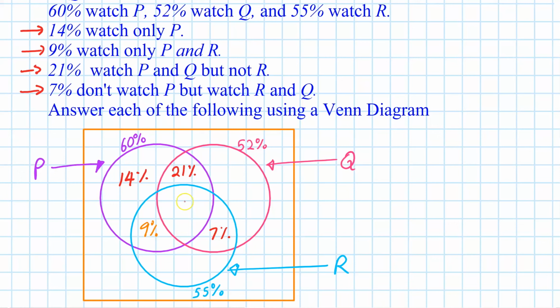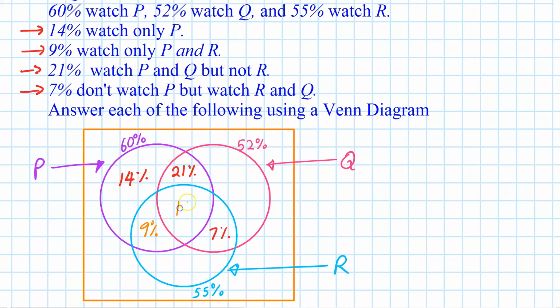Now let's have a look at the percentage of this area, the one common to all three subsets, the percentage who watch all three teledramas. We have 14 here, and then 21 and 9, if we add them together, 30, and here 14, 44.